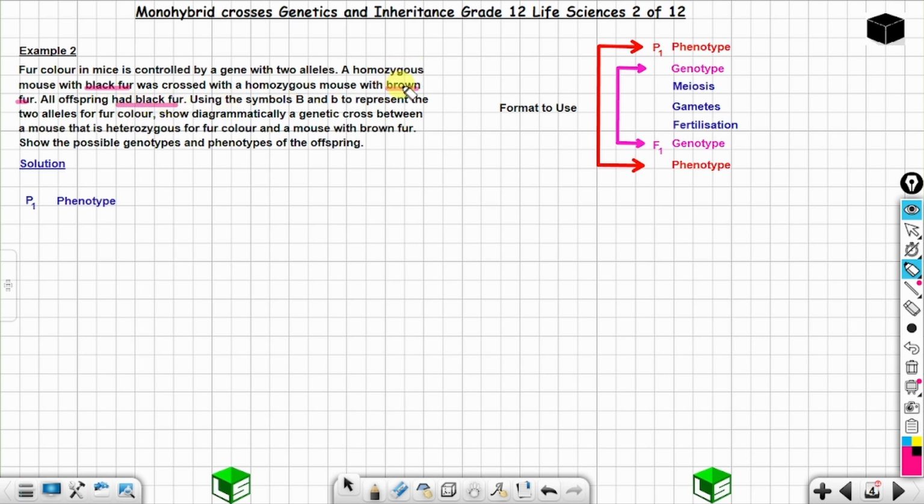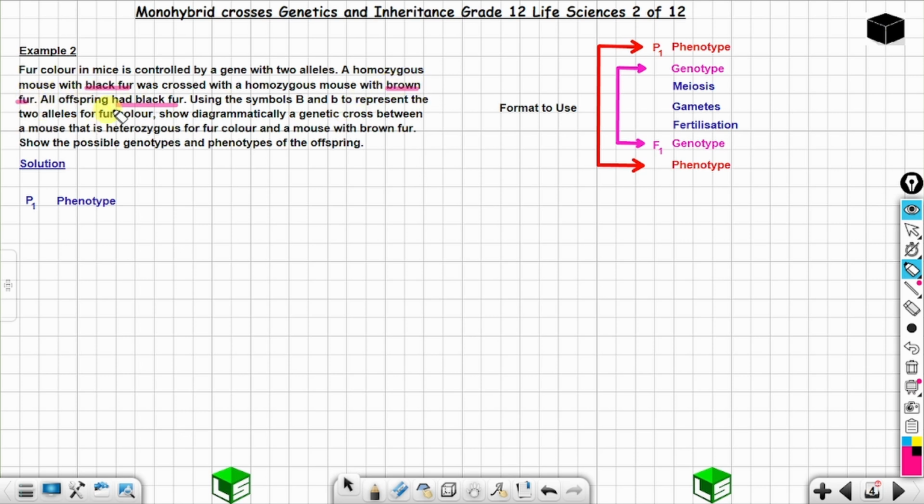When brown is crossed with black, the result is black. So, from this, you can tell that black is dominant. You can see all offspring had black fur. This is the result. So black is dominant over brown.